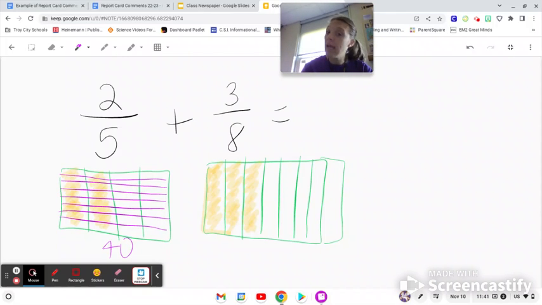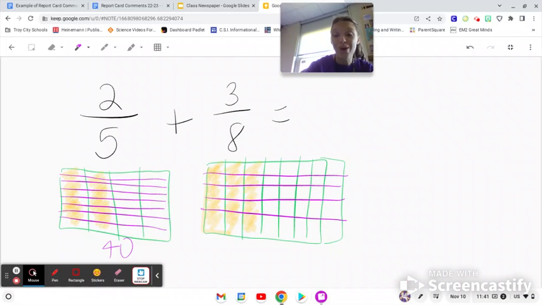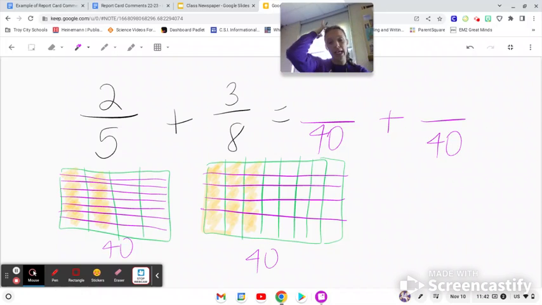I'll do the same thing with my 8ths. I'm going to layer 5ths over them. What was once 8ths is now 40ths. So my new fractions are going to have the denominator of 40.